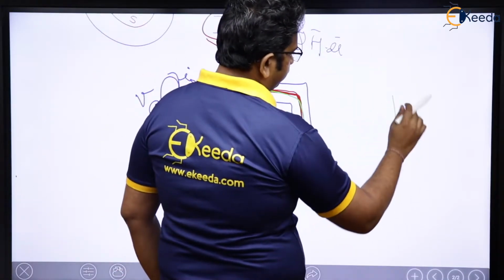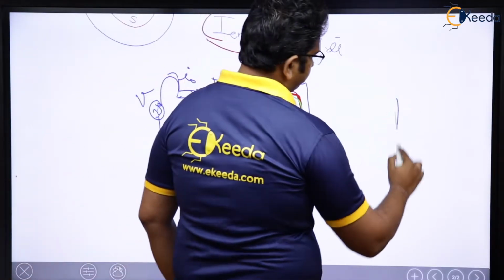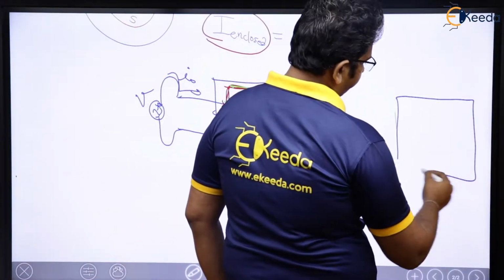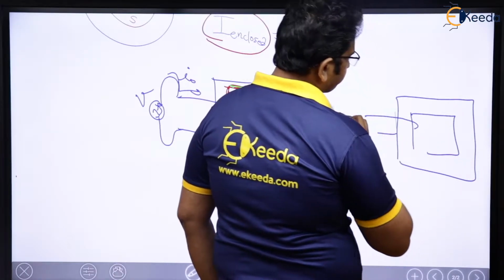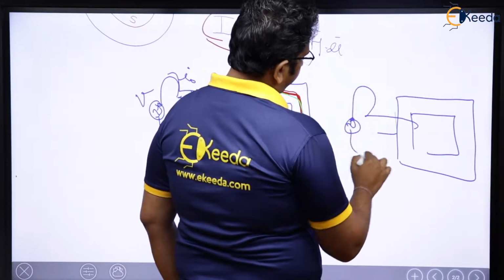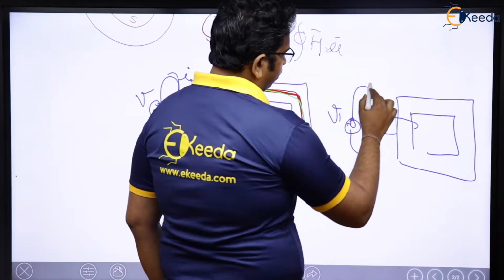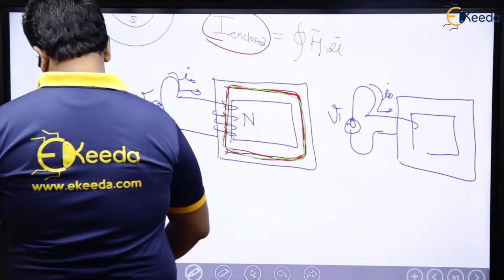These are basics and they are very important. Let me just consider here 1 turn. Let us say some sinusoidal voltage is applied here, and then you have this I naught.